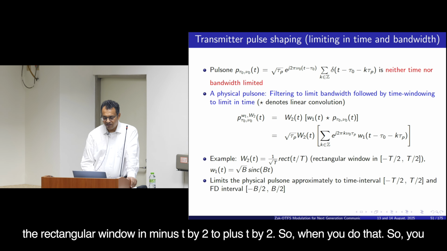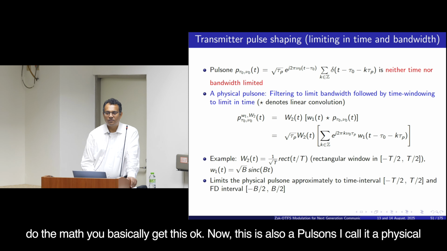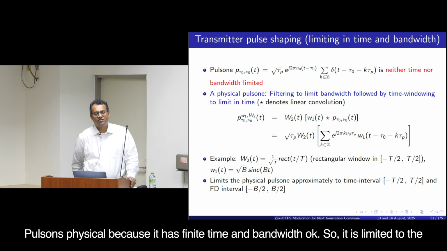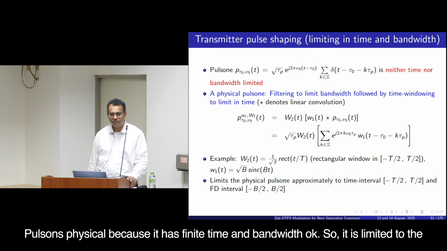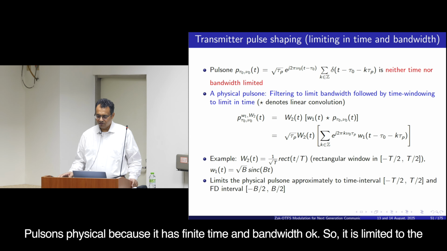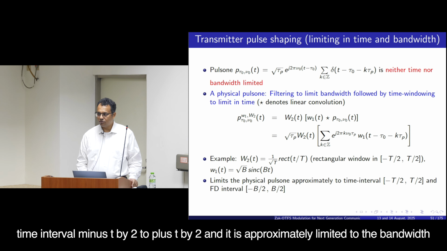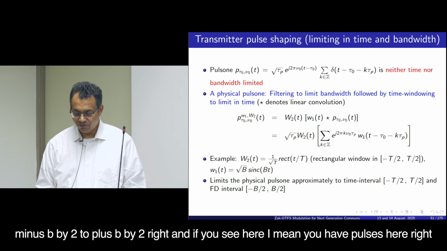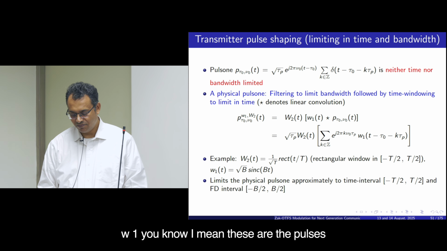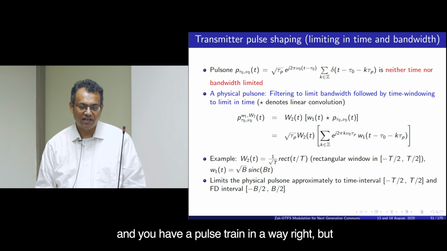So when you do that, you do the math, you basically get this, okay. Now this is also a pulson, okay. I call it a physical pulson, physical because it has finite time and bandwidth, okay. So it's limited to the time interval minus T by 2 to plus T by 2, and it is approximately limited to the bandwidth minus B by 2 to plus B by 2, right. And if you see here, you have pulses here, W1, these are the pulses, and you have a pulse train in a way, right.